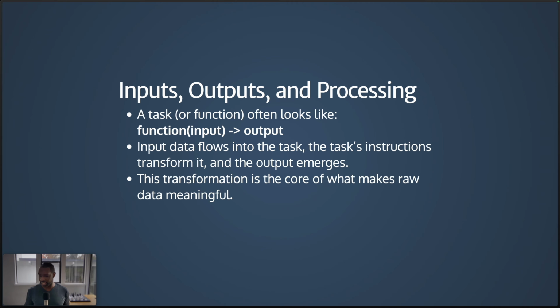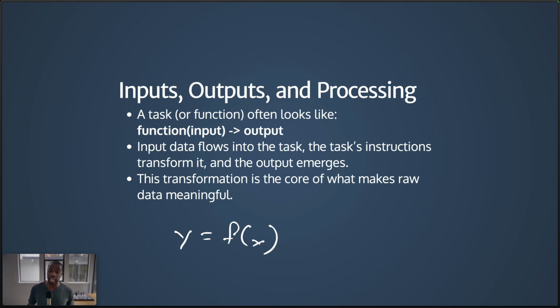If you've ever seen something like this, you have x as an input, you apply a function to it, it returns y. Similar concept. The input data flows into the task, the instructions transform it, and the output emerges. This transformation is the core of what makes raw data meaningful.